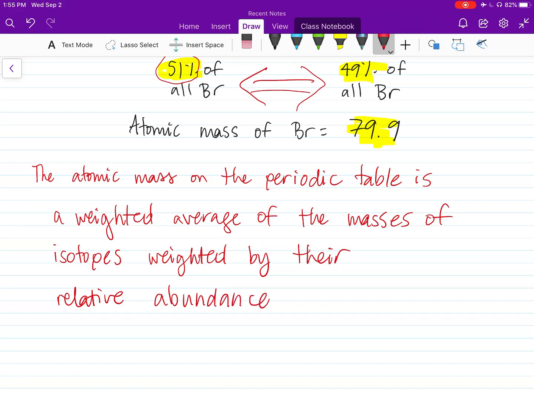So that's true for bromine, as we just saw. It's true for all the other elements as well.